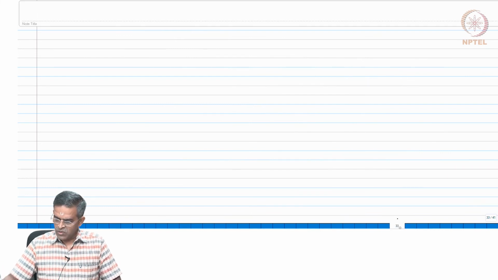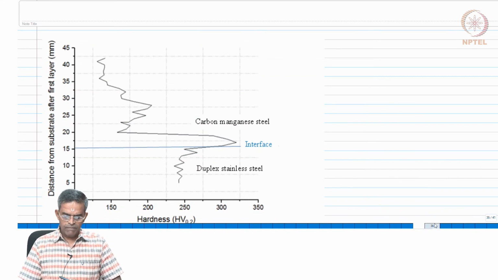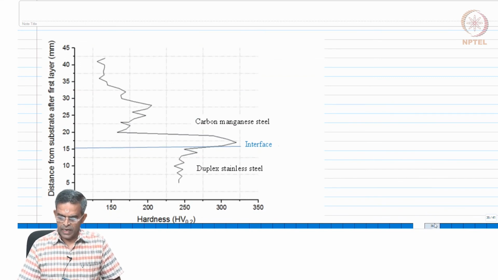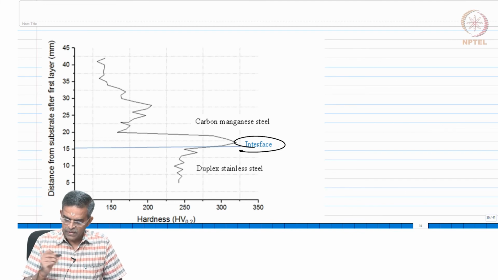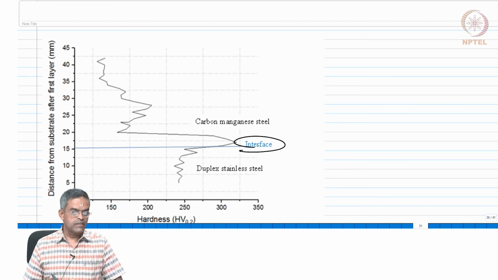So, an image was also fabricated and tested, which shows at the interface the hardness is relatively higher, as seen in the figure. Okay.